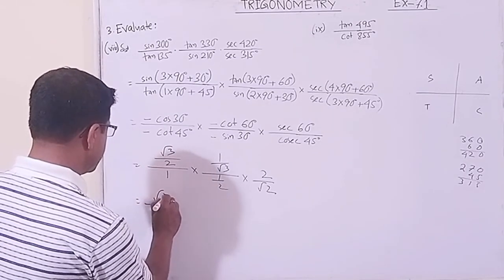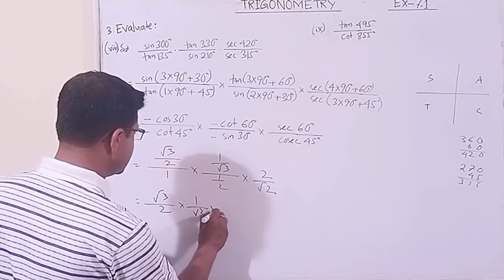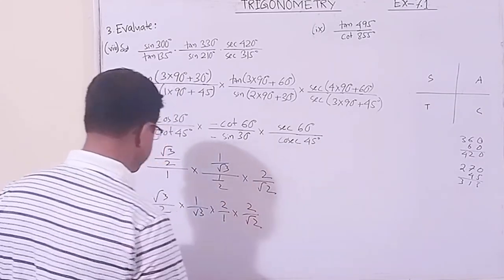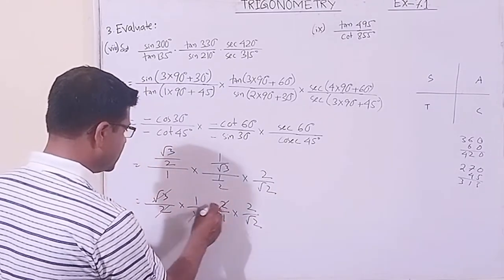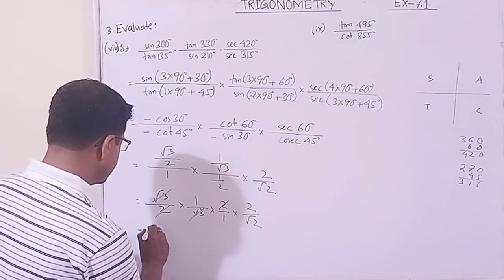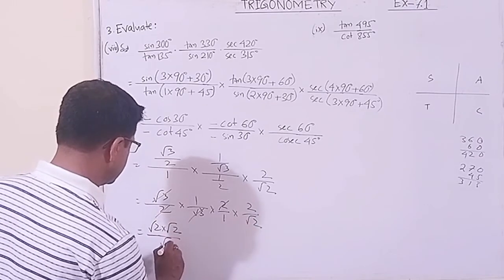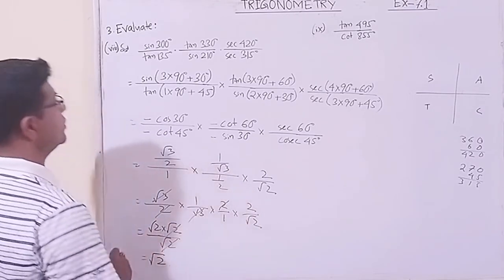This is root 3 by 2, 1 by root 3, and this is 2 by 1, 2 by root 2. This 2 will get cancelled. 2 by root 2 means this 2 is root 2 into root 2, and this root 2 will get cancelled. Answer is root 2.